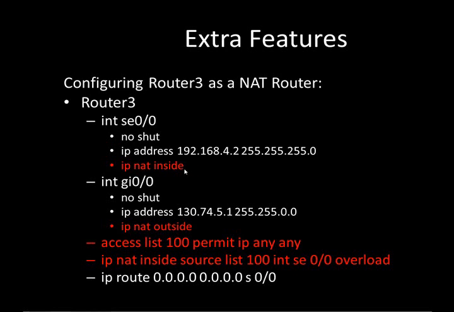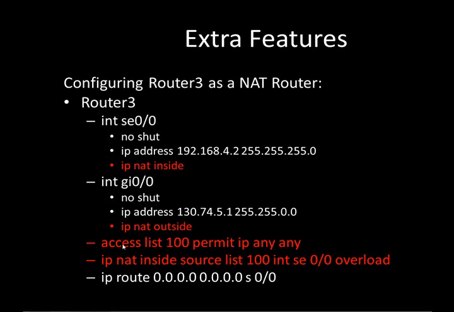We need to configure it out, and this gigabit Ethernet interface we configured as a NAT outside, so it could transfer our packets from the network to outside and to the public network, and this interface enables the public network to access our network.